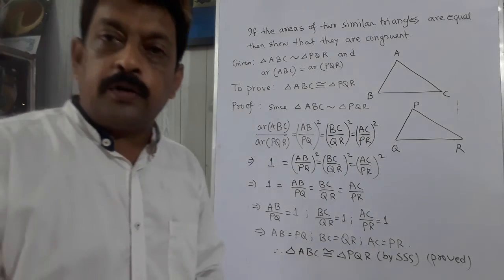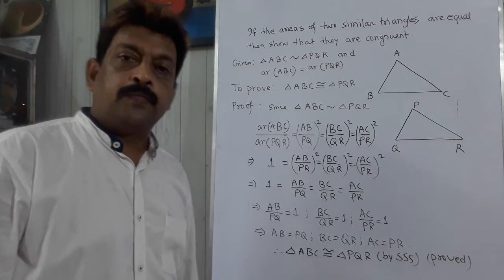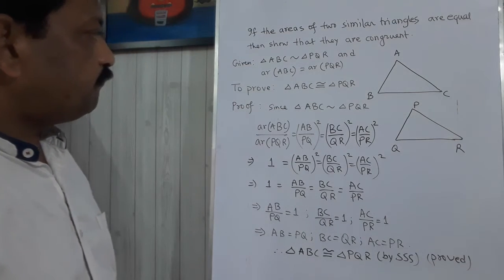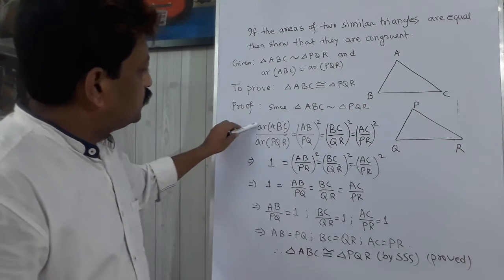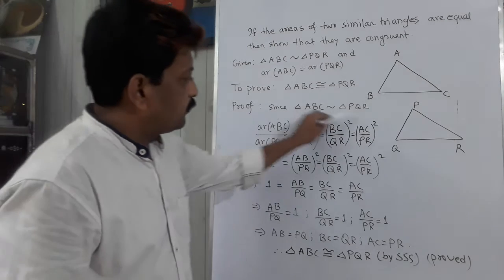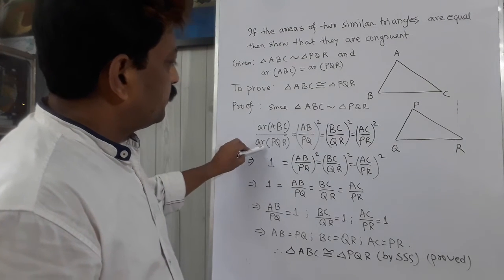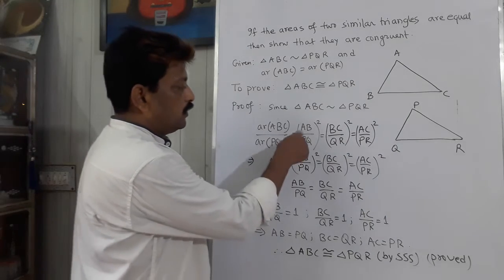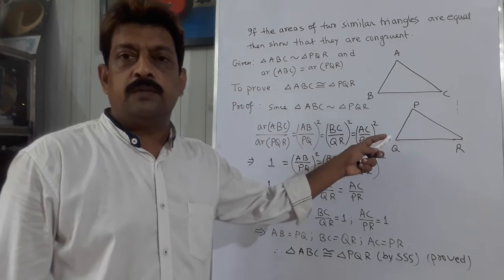This question is very important, though it is a very simple one. Just go through it. These two triangles are similar and their areas are equal, so the ratio of area will be 1. Here the theorem has been applied that area ABC upon area PQR equals AB upon PQ whole square equals BC upon QR whole square equals AC upon PR whole square.